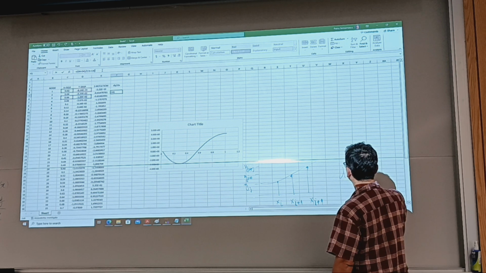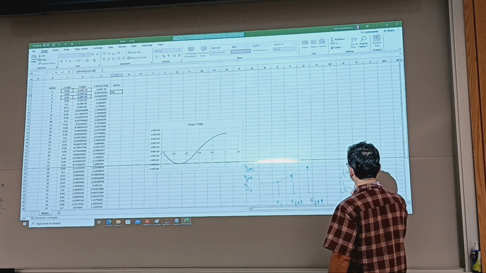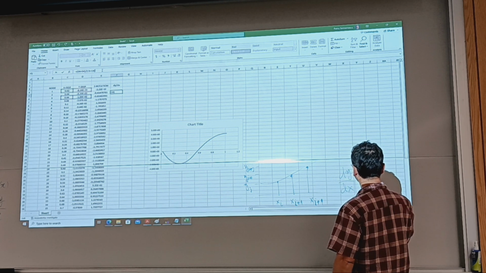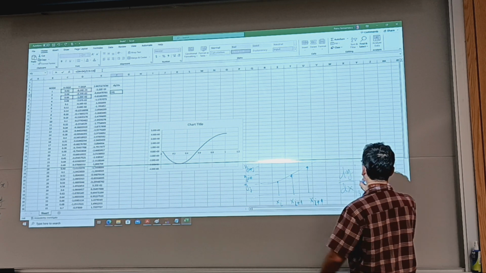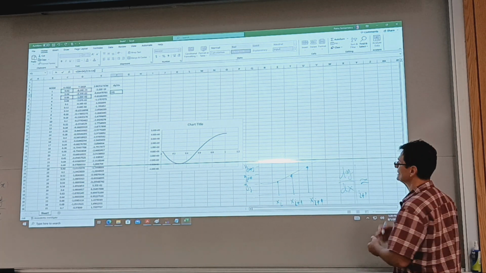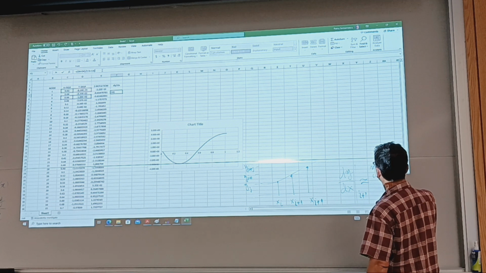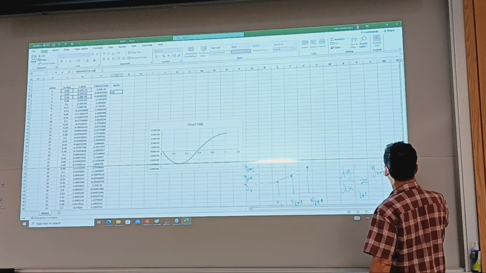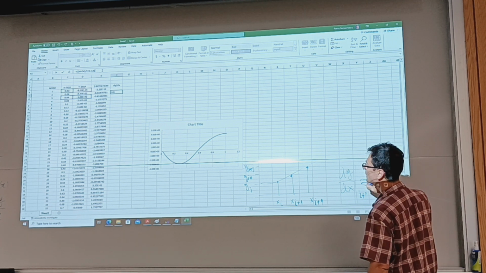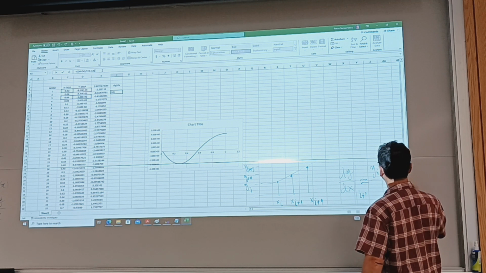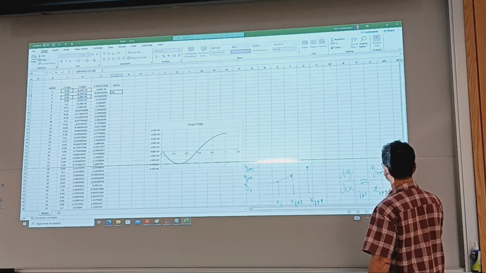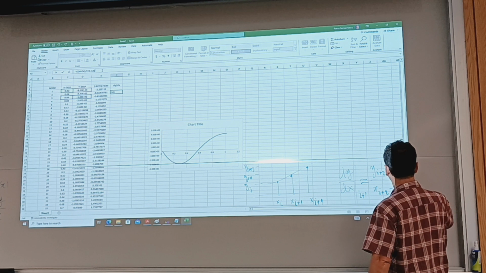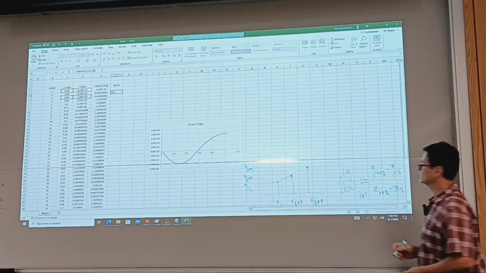Then dy over dx at the location i plus 1, the middle point, it's approximated as yi plus 2 minus yi over xi plus 2 minus xi. It's what I did.